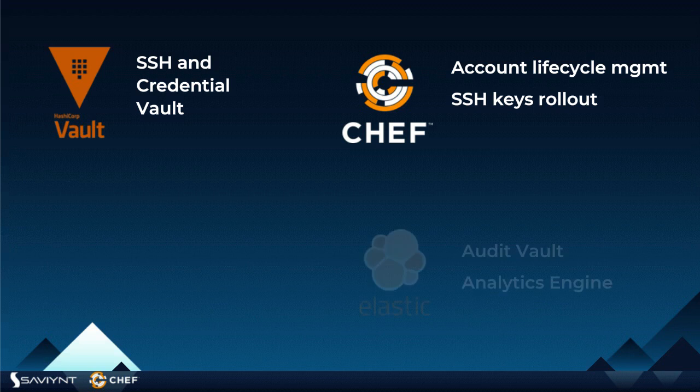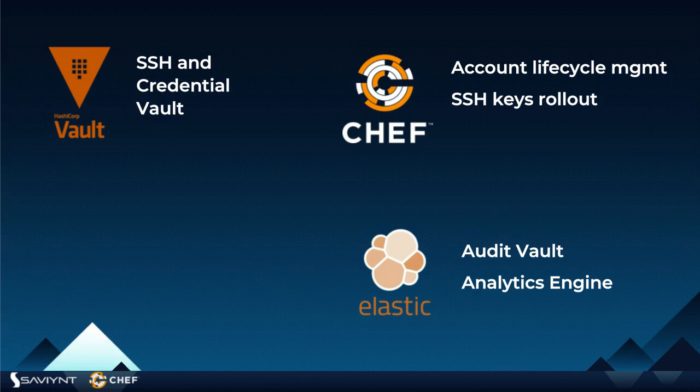The next cornerstone in our architecture solution was to use Elastic for any kind of audit vaulting and analytics engine. Again, because of the sheer technology with which it can handle the velocity and volume with which audit logs get generated in a cloud ecosystem, Elastic became an obvious choice.